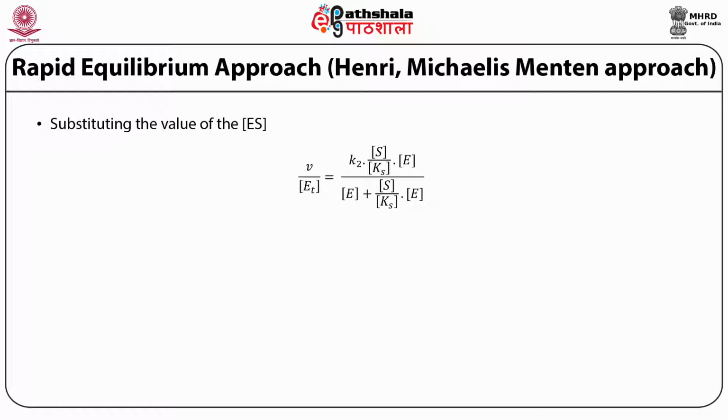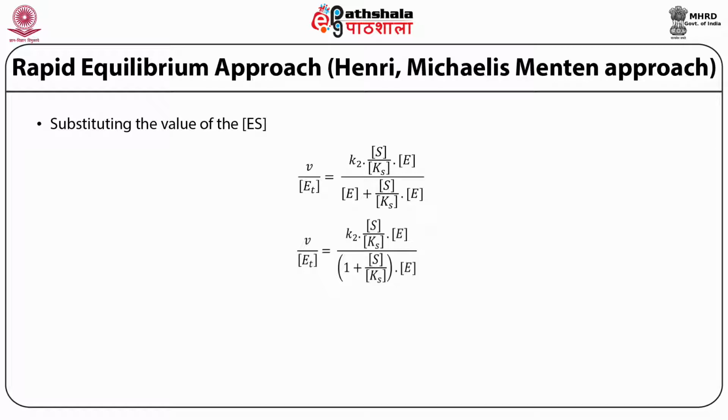So the equation becomes V upon ET is equal to K2 into substrate concentration divided by Ks into free enzyme concentration, overall divided by free enzyme concentration plus ES replaced by substrate concentration divided by Ks into free enzyme. If you solve it, it becomes V upon ET is equal to K2 into substrate concentration divided by Ks into free enzyme concentration divided by 1 plus S upon Ks plus free enzyme.